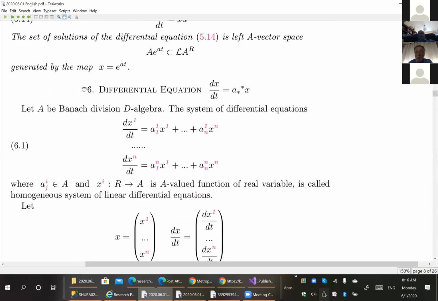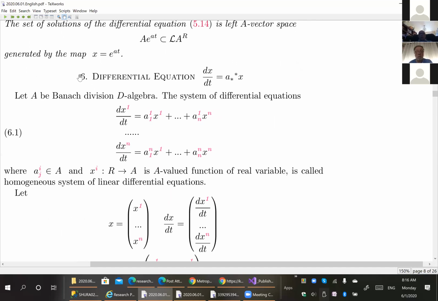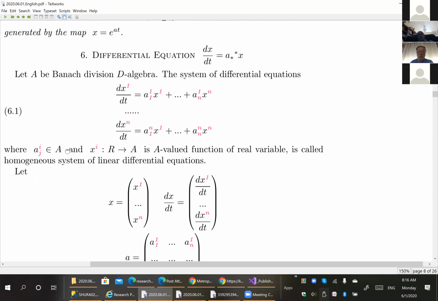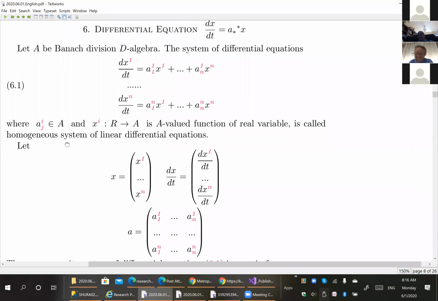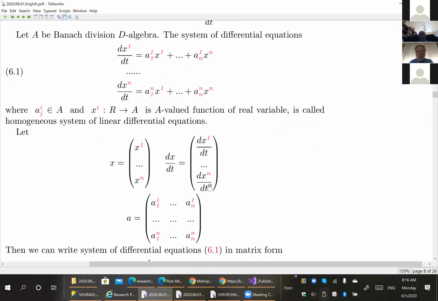Now I consider a homogeneous system of differential equations. Because we have a product on the left side and on the right side, there is a reason to write the coefficients on the same side altogether. So here the coefficient is written on the left side, and a known function is written on the right side. If I represent a set of functions as a column vector, then the derivative will also be a column vector.